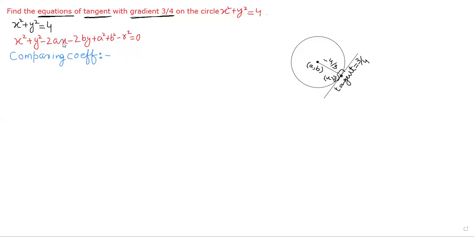See, I will start with the coefficient of x. The coefficient of x in this scenario is -2a equals to. Now, as you can see over here, I don't have any x coefficient.